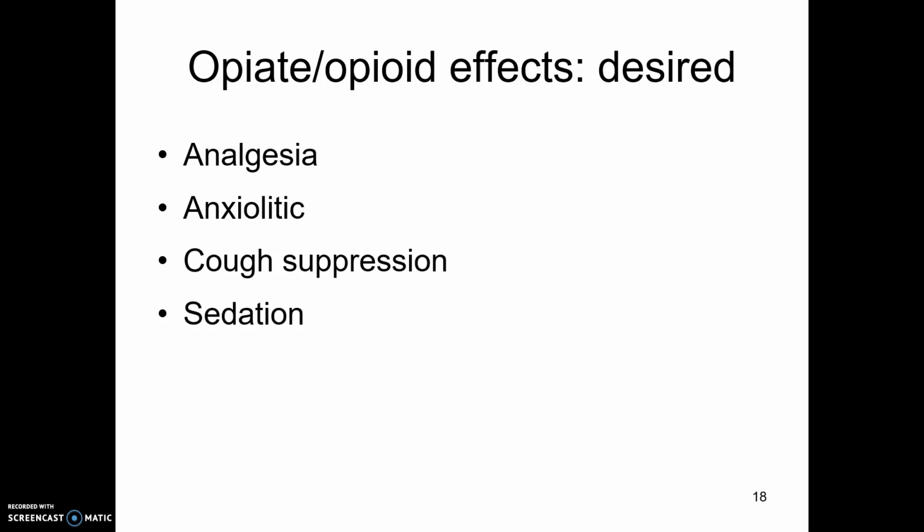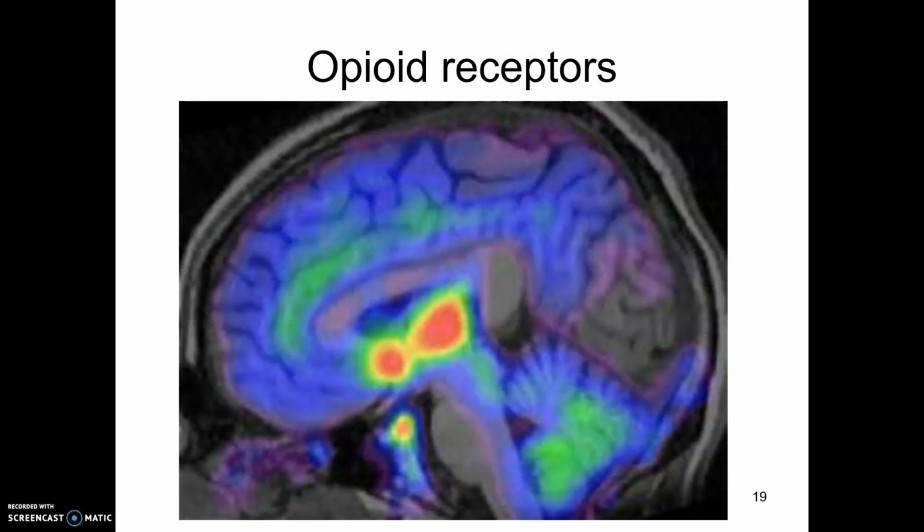Okay. If you want to see where these opioid receptors are located, here red, yellow, and orange show areas where we have the greatest concentration of receptors. The thalamus and the hypothalamus have very high concentrations. Parts of the medial frontal cortex, like the limbic system, also mediate those effects, and you'll also notice that there's a pretty good concentration in the midbrain.